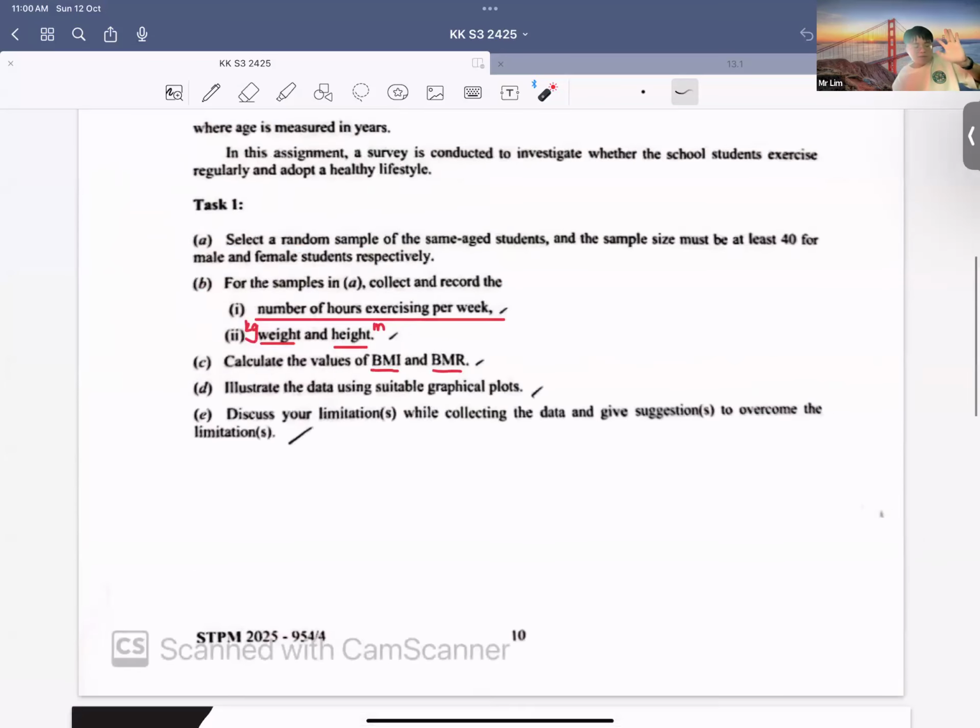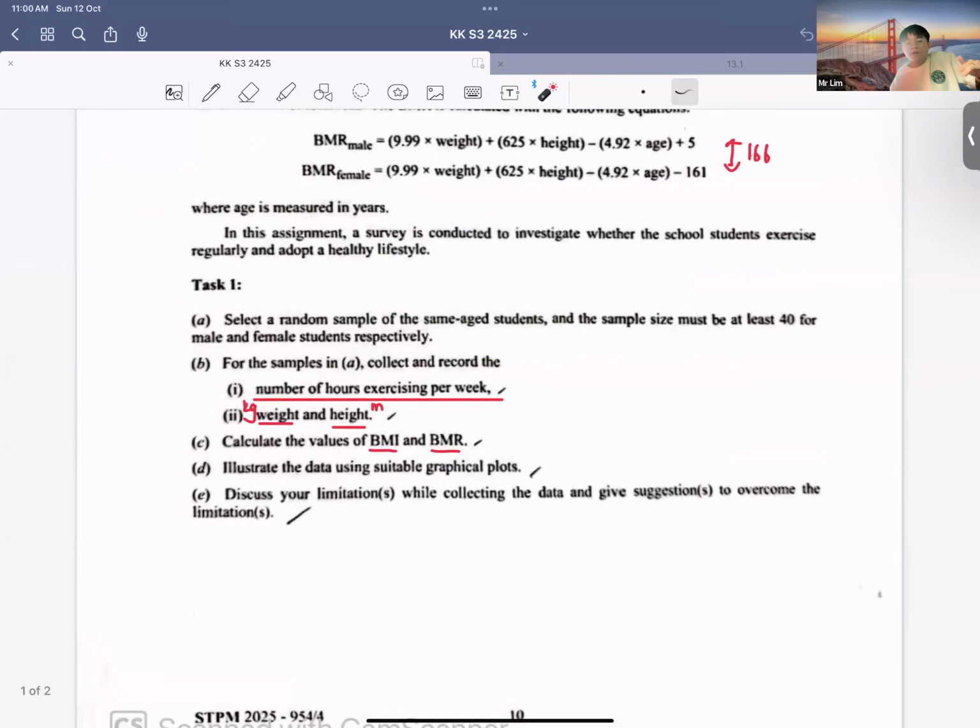So far we have already finished Task 1. During my lesson, I will not tell you how to do the methodology and so on. I will only do the data, the analytical part and the discussion part. Methodology and conclusion are part of your report.